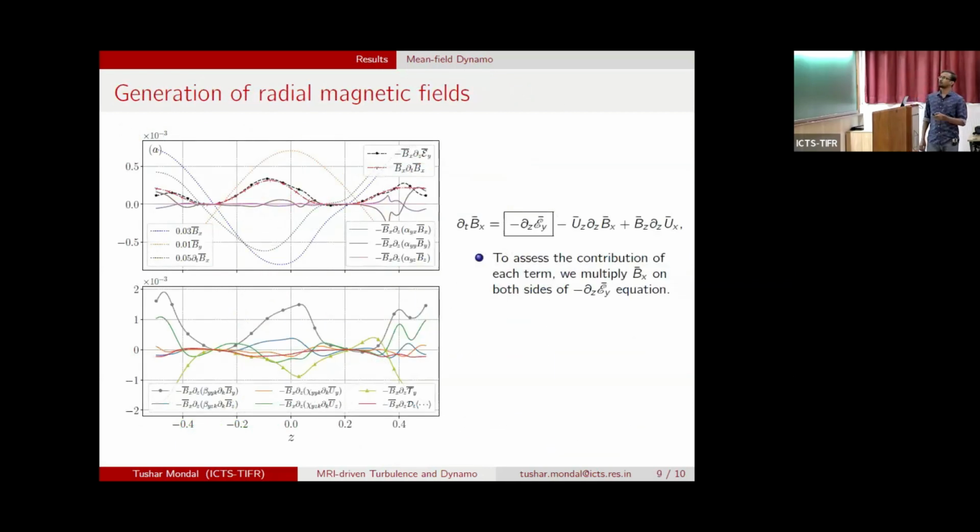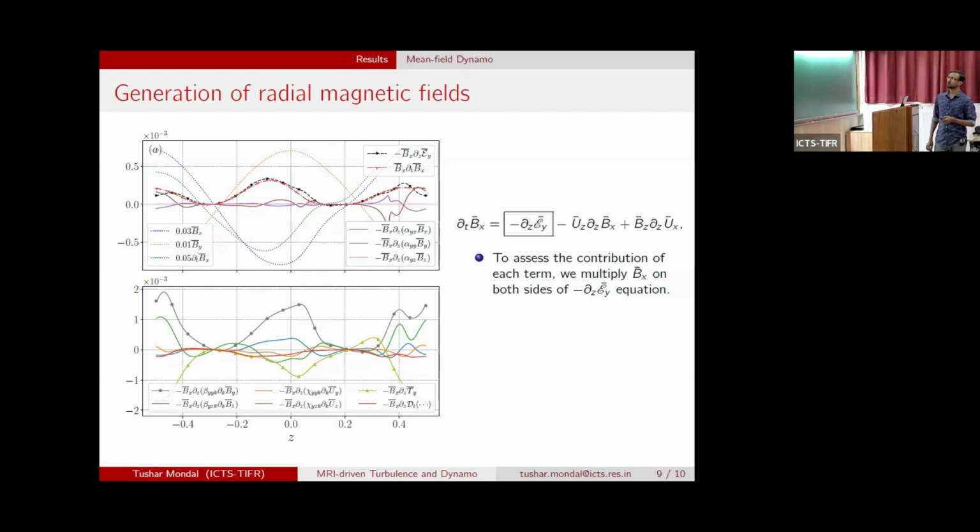Apart from all the terms, I request you to focus on these two terms, the dashed black line and the red line. Here the most dominant component is this gray one, and that yellow one. You can see the radial magnetic field is generated only through the EMF, which are overlapping each other. Another term is vanishing. You can notice that the alpha component is 0, such that the alpha effect is completely absent here.